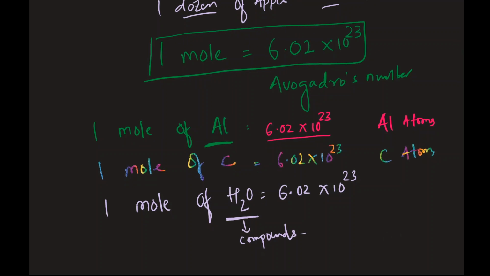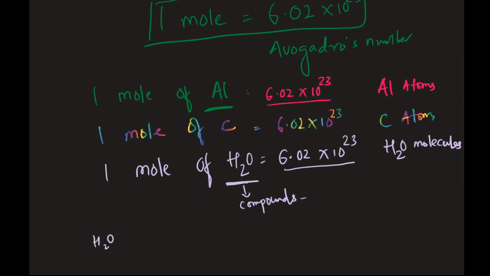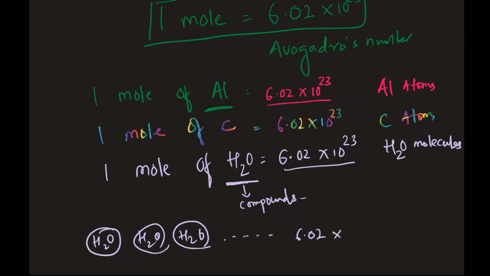So we're gonna get 6.02 times 10 to the power 23 H2O molecules. So it's like H2O, H2O, H2O, and we have 6.02 times 10 to the power 23 molecules. When we say 1 mole of water, that's what we meant.